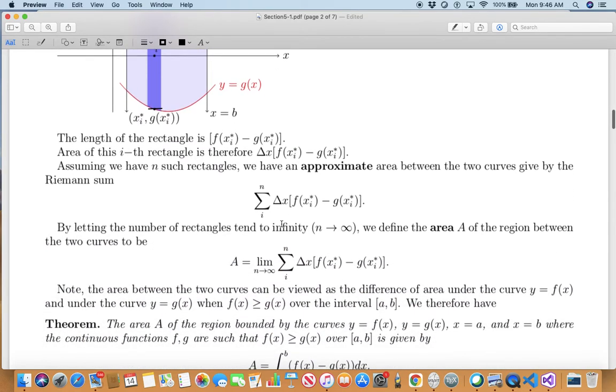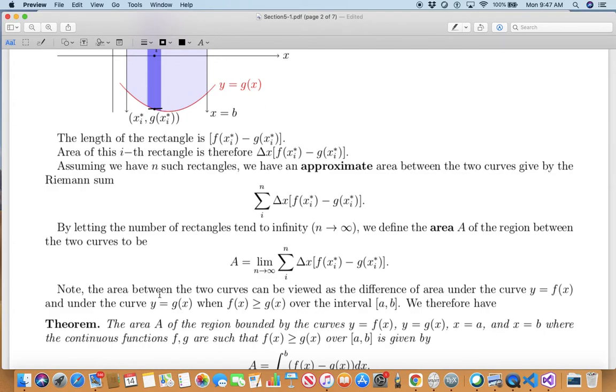Now, when you let the number of rectangles go to infinity, the limit as n approaches infinity of the summation from i to n of delta x times f(xi star) minus g(xi star), this limit is the actual area A of the region between the two curves.